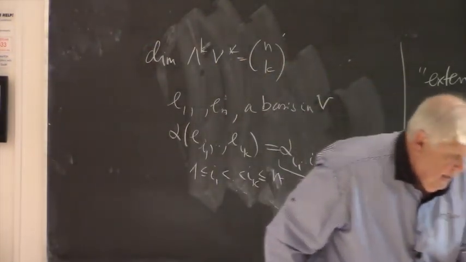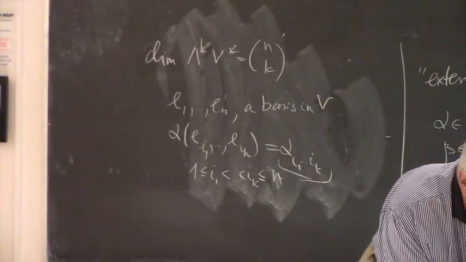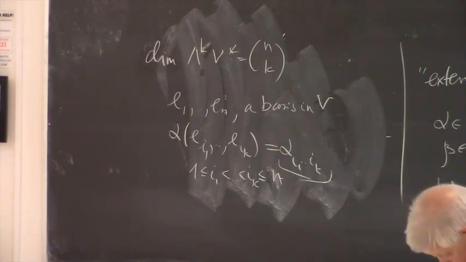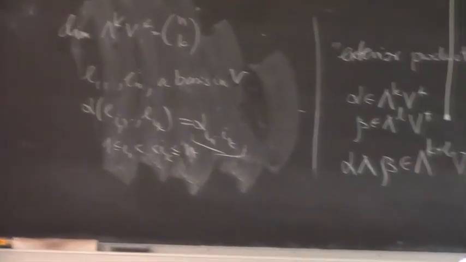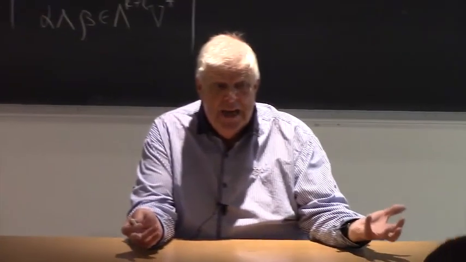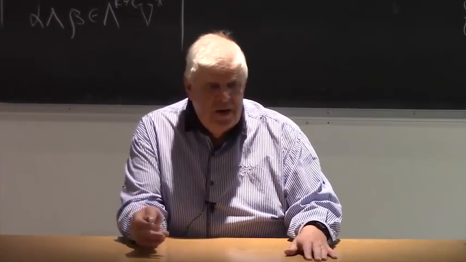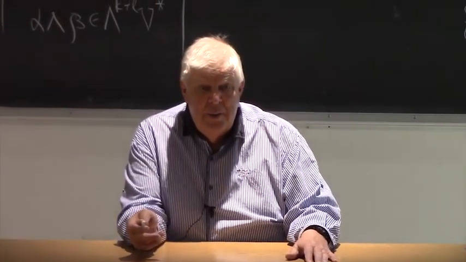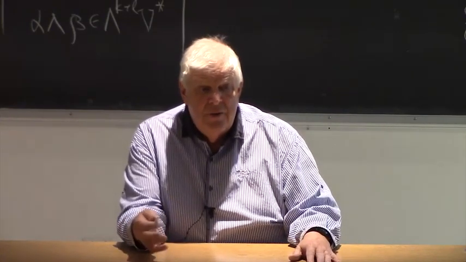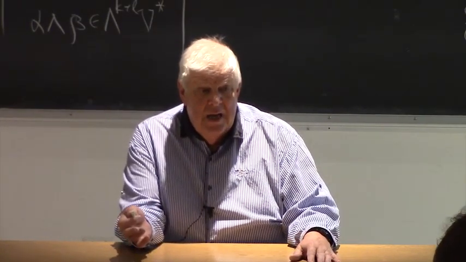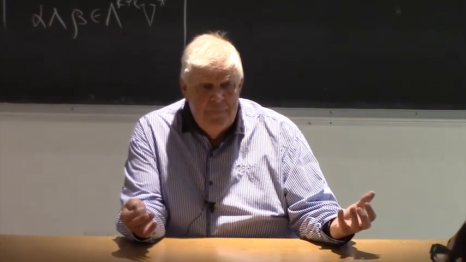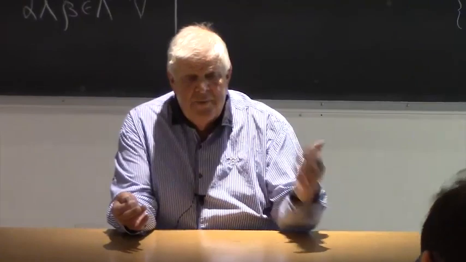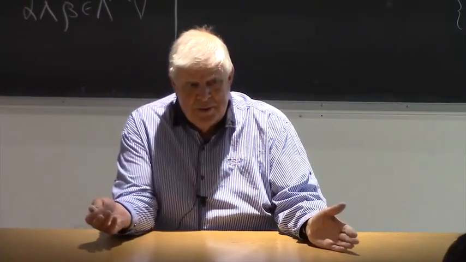And it is very clear that these numbers determine the whole form. Because if you apply it to any vectors, those vectors are linear combinations of e1, ..., en. And definitely all we need is to apply alpha to the basic vectors. It is not reasonable to apply alpha to a set of basic vectors with repetition, because we will get 0.